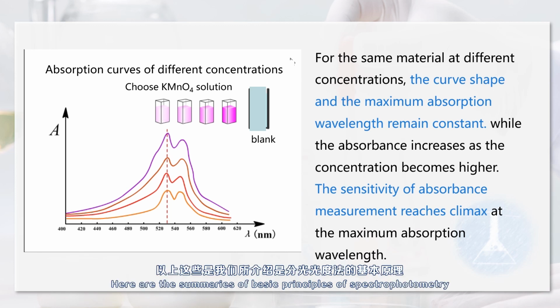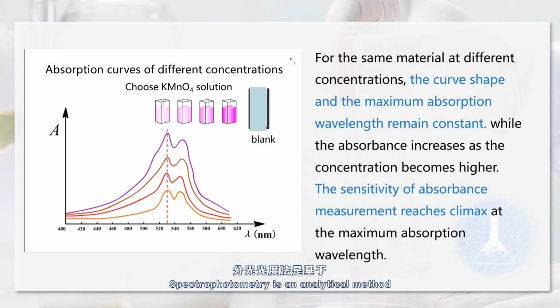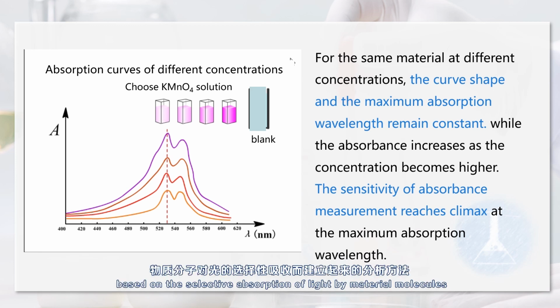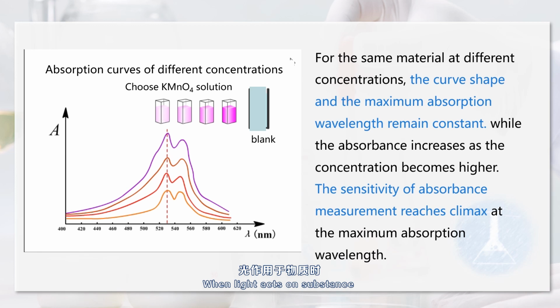Here is the summary of the basic principles of spectrophotometry. Spectrophotometry is an analytical method based on the selective absorption of light by material molecules. When light acts on a substance and visible light with certain wavelengths is absorbed, the substance exhibits a specific color, which is complementary to the color of light absorbed.